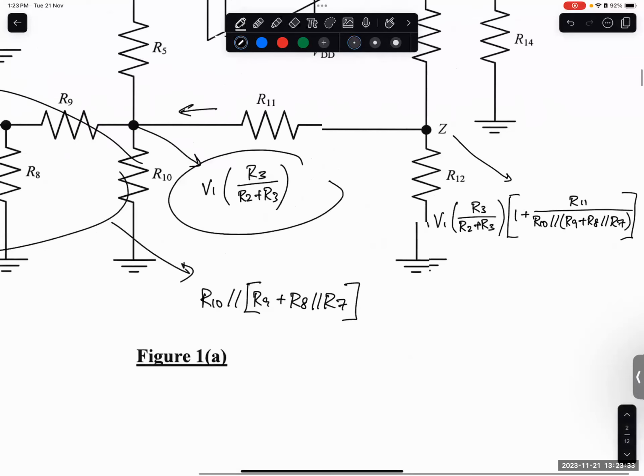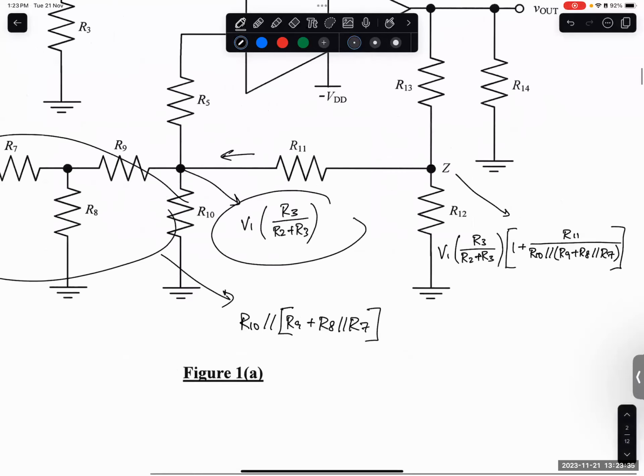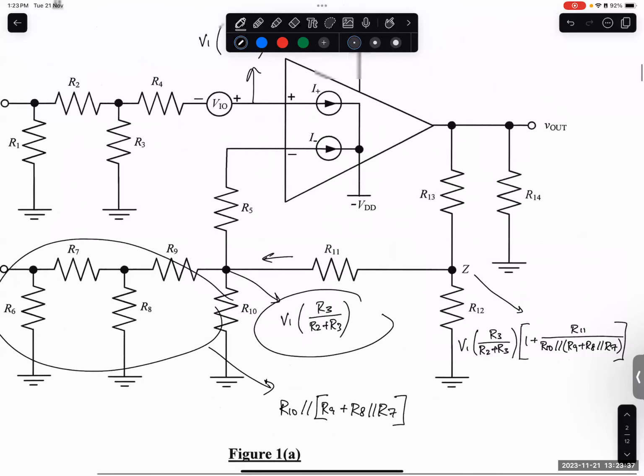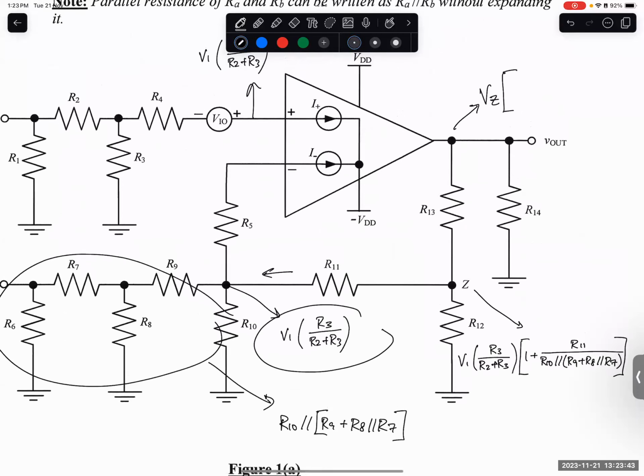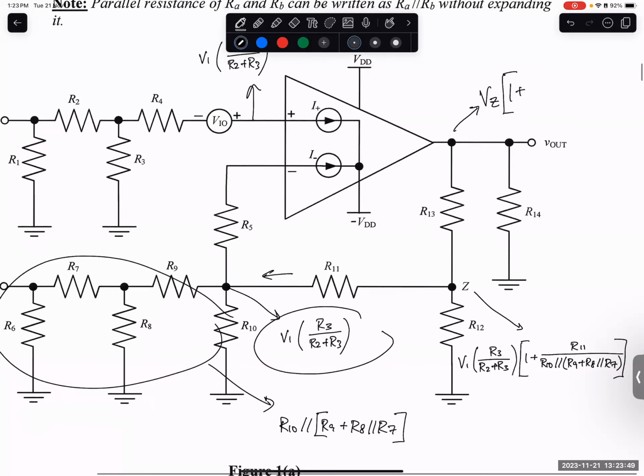Then to find the one on top, it's just VZ multiplied by R13, also just 1 plus R13. Let me see. Just write out first. Parallel with everything else.